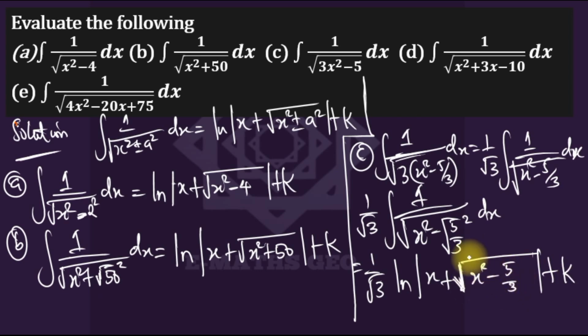If you multiply both of them, we'll have over root 3, square root of 3, and multiplying both by root 3 because of the denominator. So we can write this as 1 over root 3 ln of root 3 x plus the square root of 3x squared minus 5, plus k.